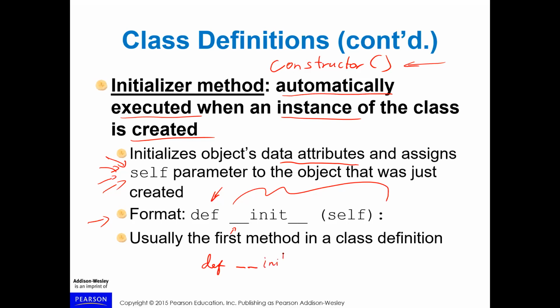Then you write the word init, and then again 2 underscores. They just look like 1. And then in the parentheses, you say self, and that means that whenever you use that instance, the self parameter is associated with that instance. And then, of course, your code will be here, whatever you want it to be. Usually the first method in a class definition, okay? First method in a class definition.